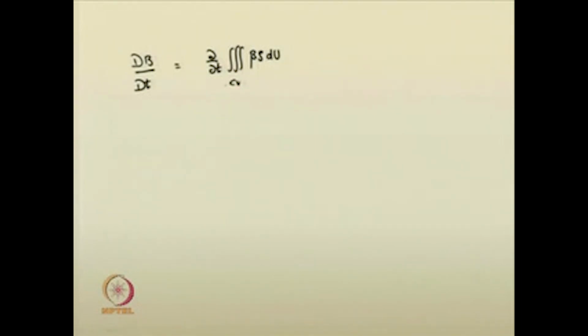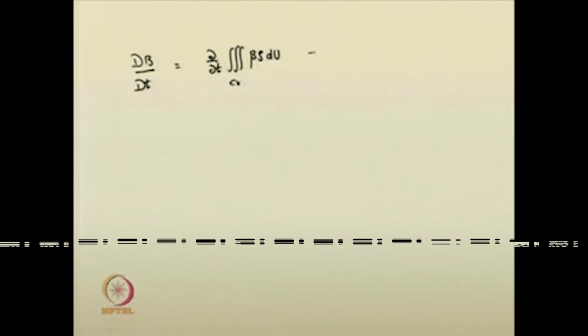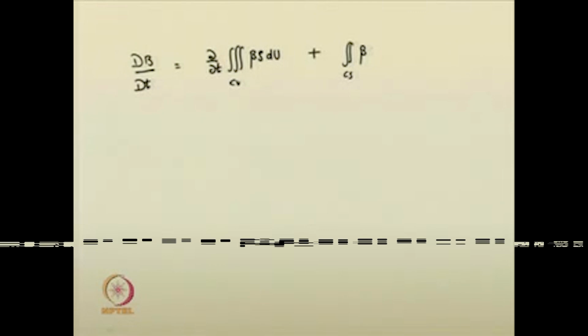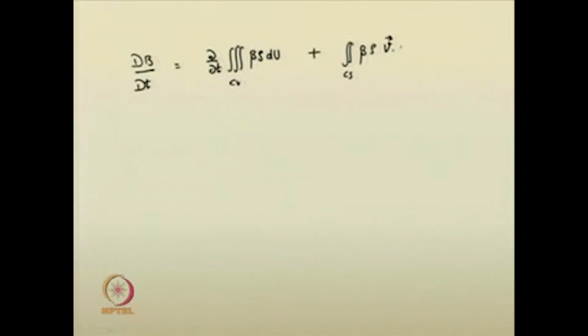Let me write it again: dB/dt is equal to ∂/∂t of the first term, the rate of change of extensive property stored inside the control volume, plus the second term, the net outflux of this extensive property through the control surfaces.